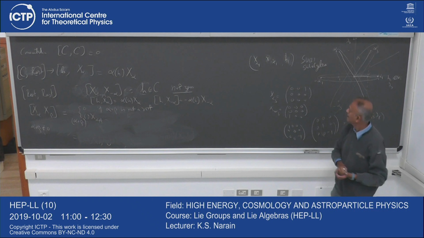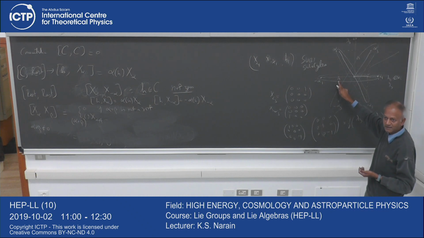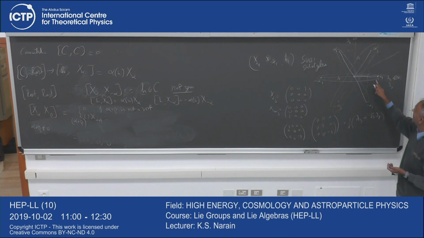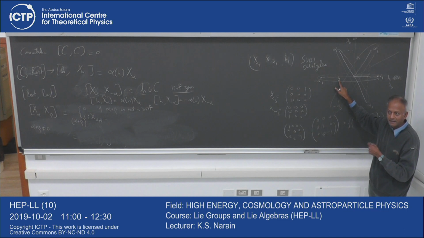Now here, if you look at this one, you see this -1 is the M quantum number. Actually, it is not, because there's a factor of 2 with respect to the previous normalization, because here we were just taking sigma 3 to be the H, no? Whereas previously we were taking sigma 3 by 2. So what we will have is 2 times M here. So this number will be 2 times M, right?